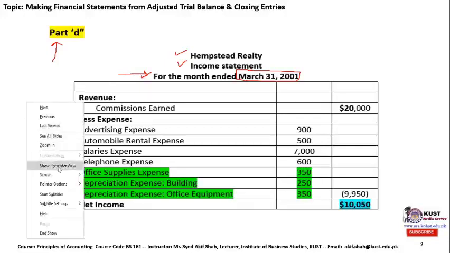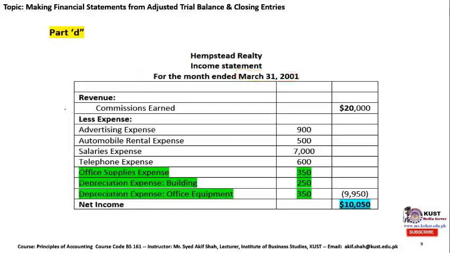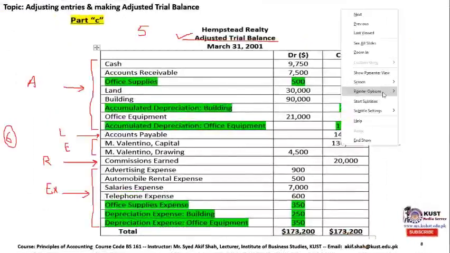So after following these steps, let's come to the real section of the income statement. The income statement is basically revenue minus expenses, which the matching principle also elaborates. Therefore, we have to subtract all our expenses from the revenue. You can give the title of the revenue and go back to the adjusted trial balance to find the revenue section.